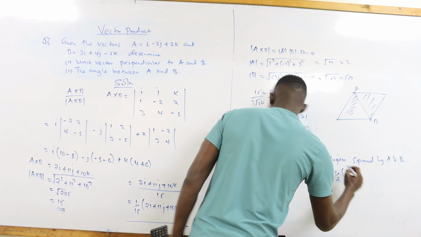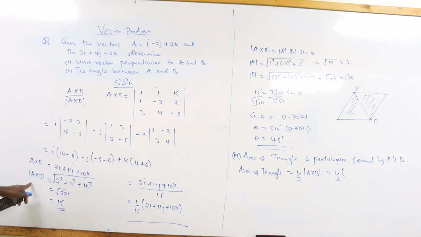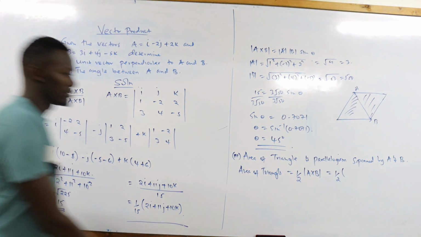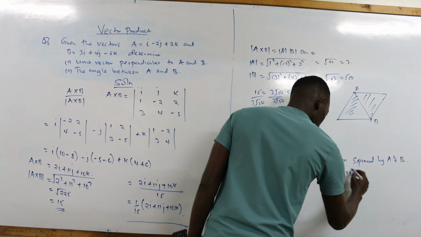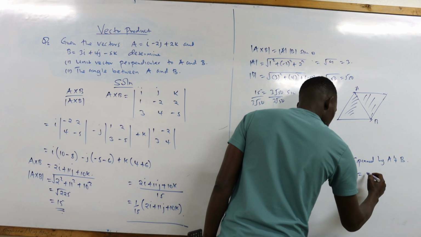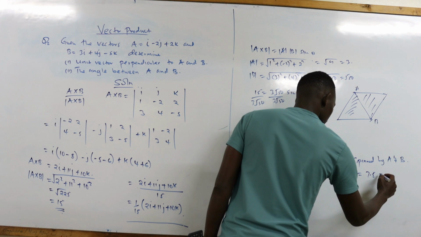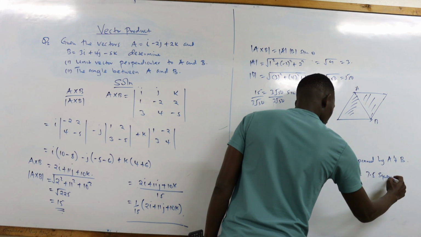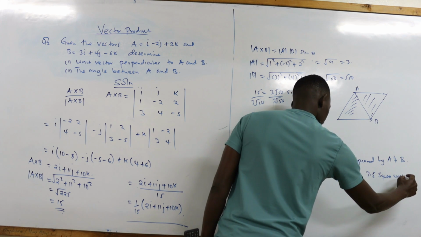What is our A cross B? We had gotten it. A cross B absolute. Remember, it has to be a magnitude for us to get a value. So it is 15. So a half of 15. And what is a half of 15? A half of 15 is 7.5. Then we shall call these square units.